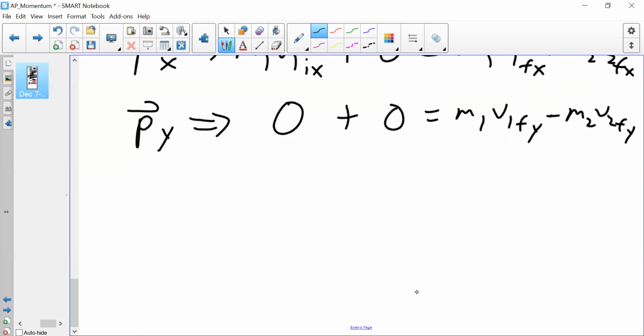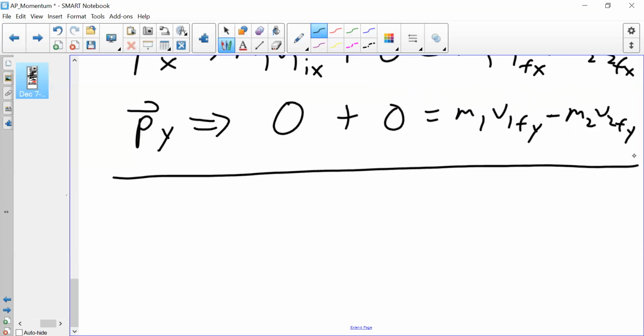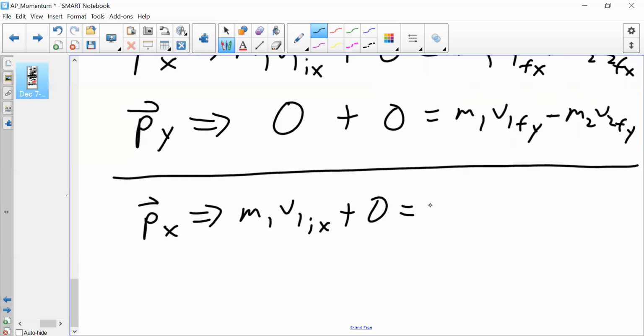So rewriting that in terms of the angles, of course, some problems you'll be given the angle and you can just translate them over. So m1 v1ix plus 0, and this becomes... slightly write this here.